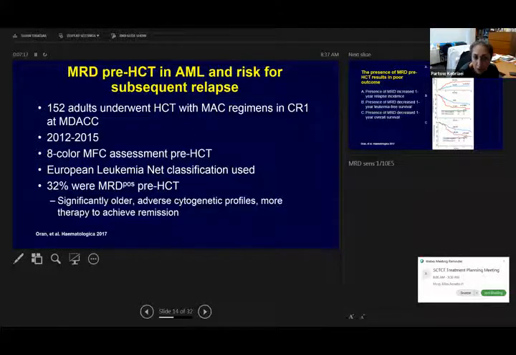We used 8-color flow to assess MRD, and risk stratification was based on the European LeukemiaNet classification. Based on this method, the multi-parameter flow method, about a third of our patients were MRD positive prior to transplant, and not surprisingly, this group was significantly older, had adverse cytogenetics, and required more therapy to achieve remission.